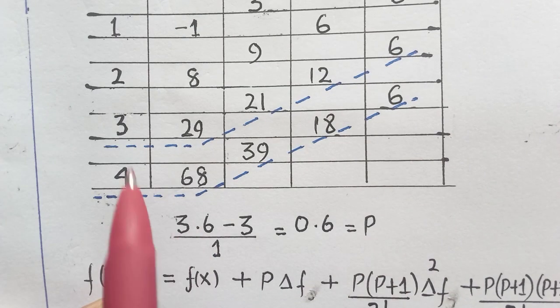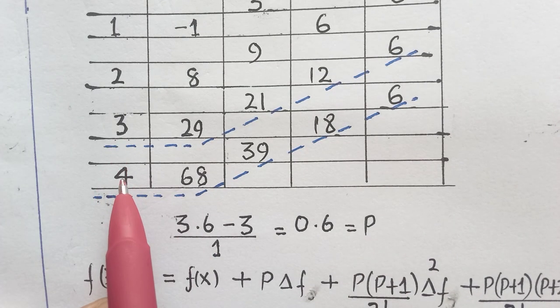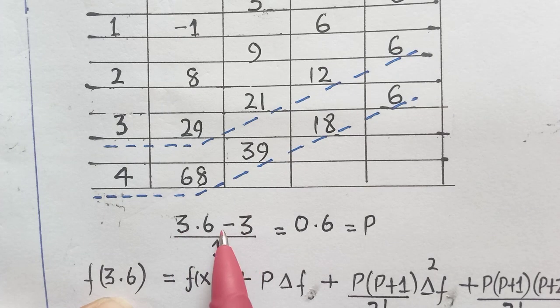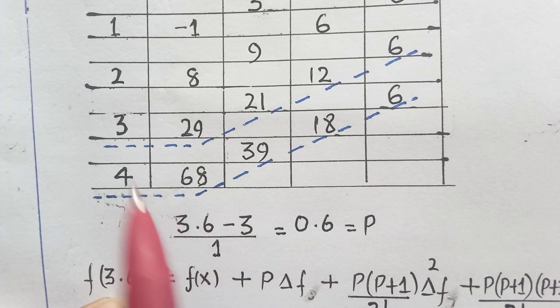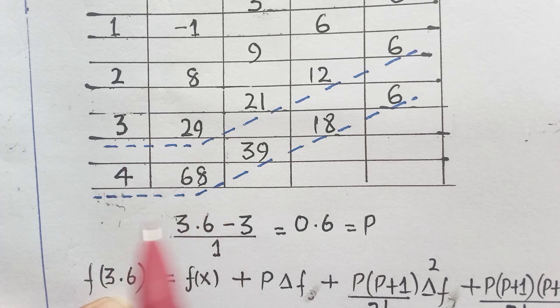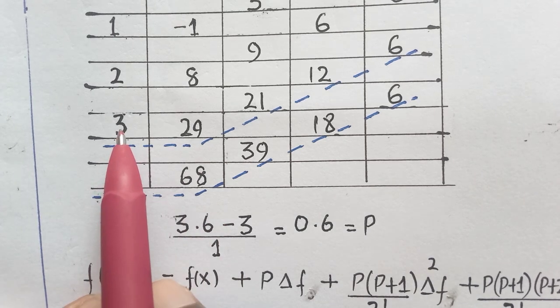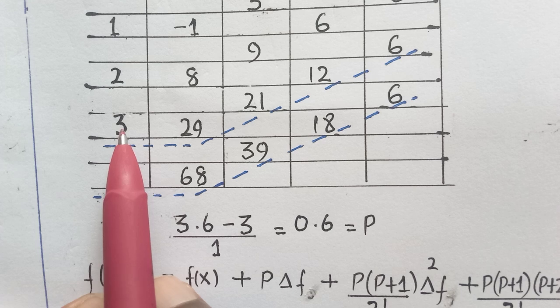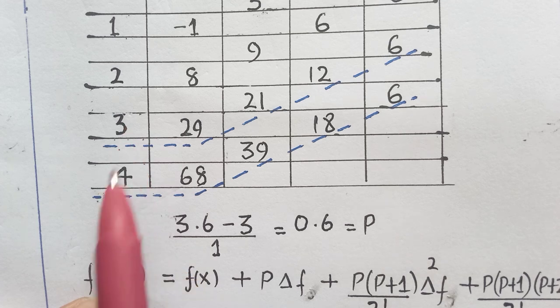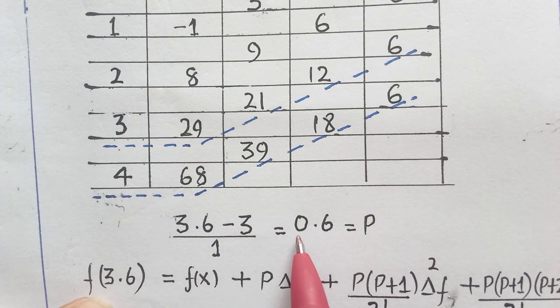And this p is the fraction between 4 and 3, that is 3.6 minus 3 all over 1. The fraction means it is the difference between the required value minus the initial value, divided by the interval. That one gives us the p.